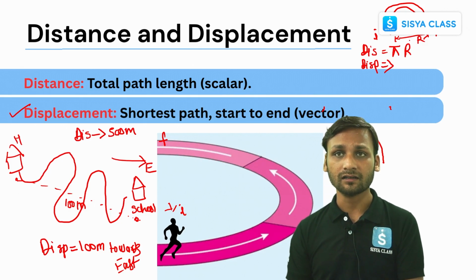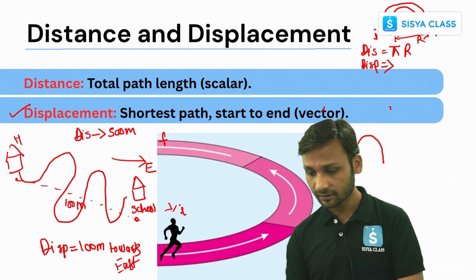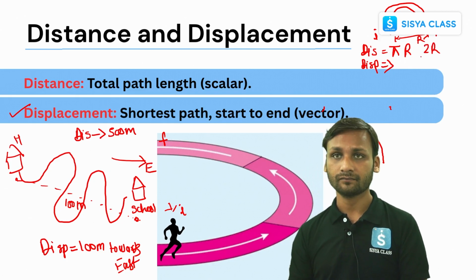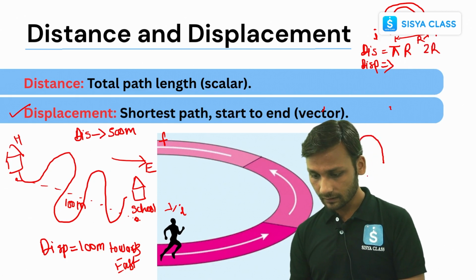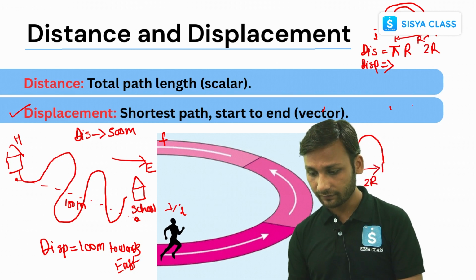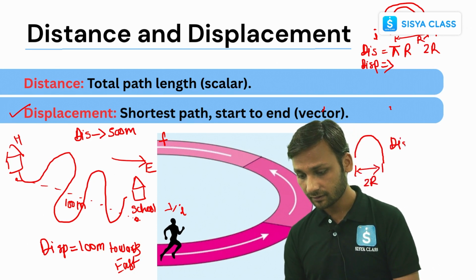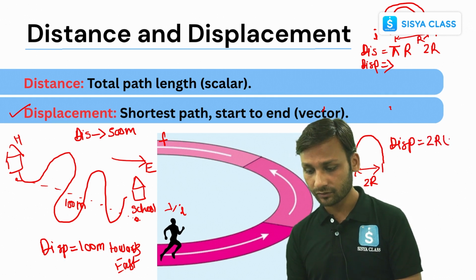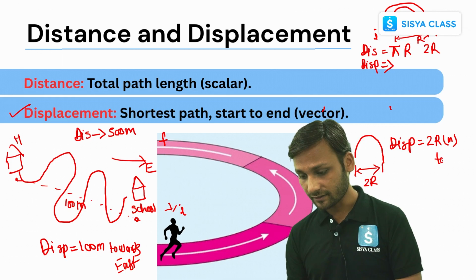It's R plus R, means 2R, correct? So this is 2R. Got it? So this is 2R, means the displacement you have covered here. So the displacement is 2R, in some unit, let's say meters, towards east.